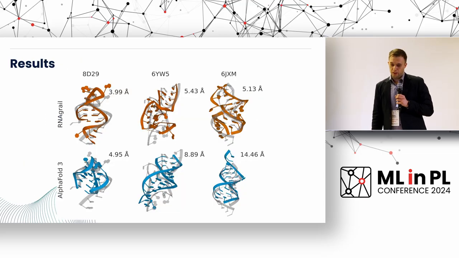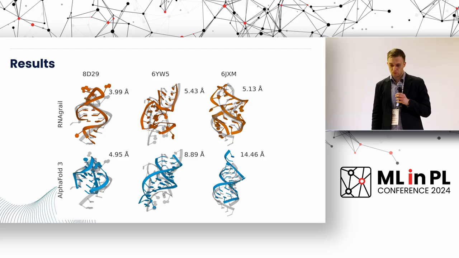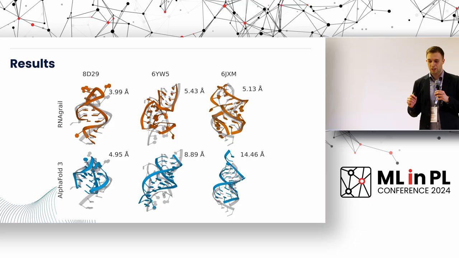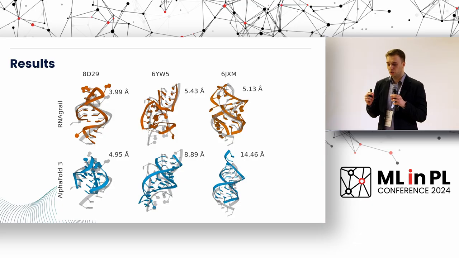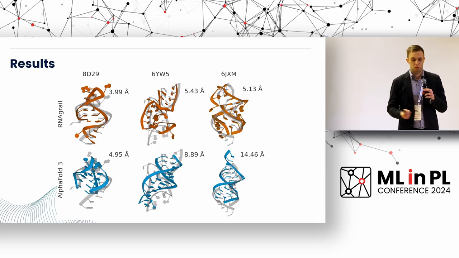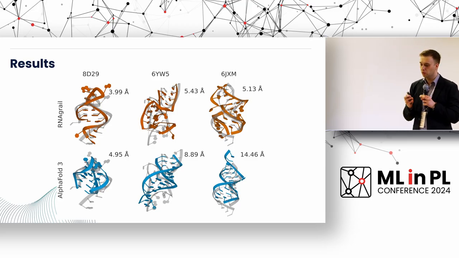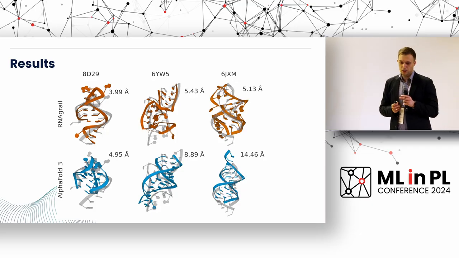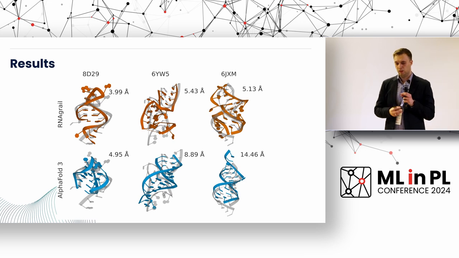We measured this on our test set, and here I just selected a few samples from our test set to see the performance of our method. And it seems that it's not that bad. In general impression, when we compare our method to AlphaFold, and actually when I was dealing with AlphaFold 3 and comparing the results purely for RNA structures, AlphaFold still doesn't work that well for RNAs like it does for proteins.